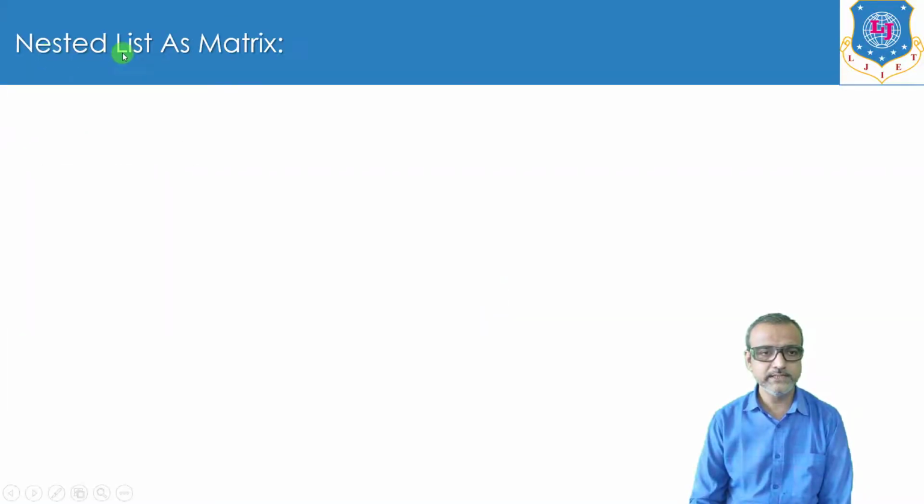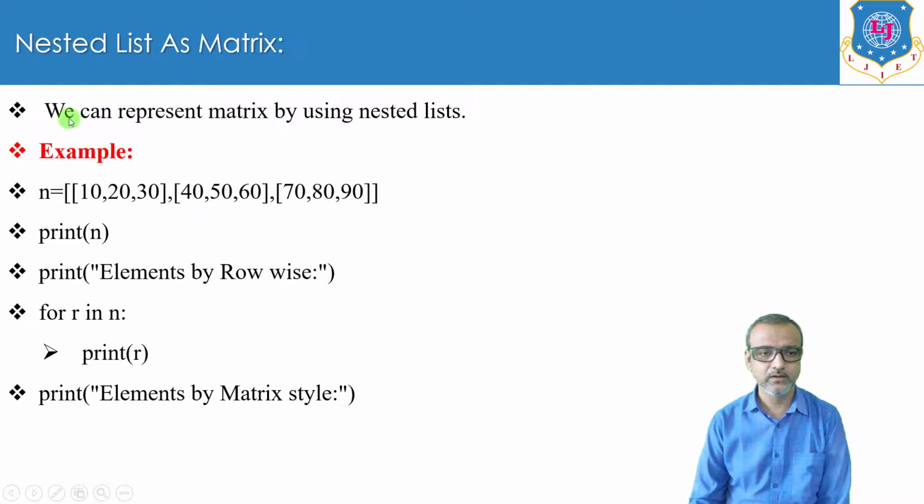Now we will see nested list as matrix. We can represent a matrix by using a nested list. For example, in the list n, we have taken these three lists. Print n will print all these elements. Then it will print the statement "elements by row wise".